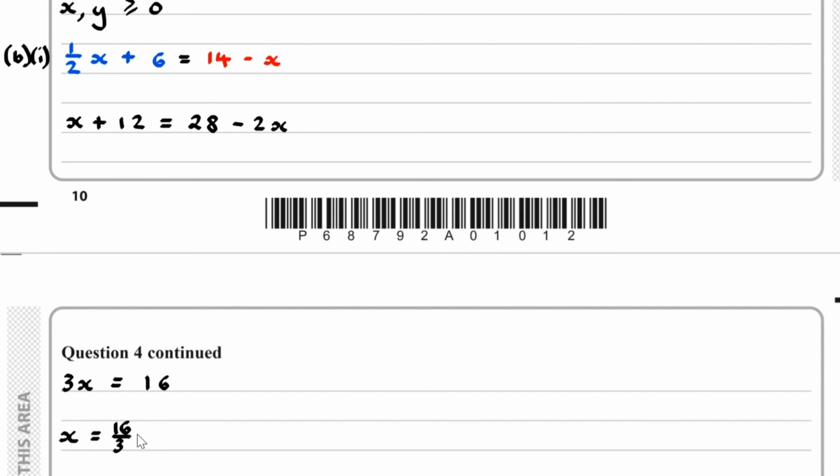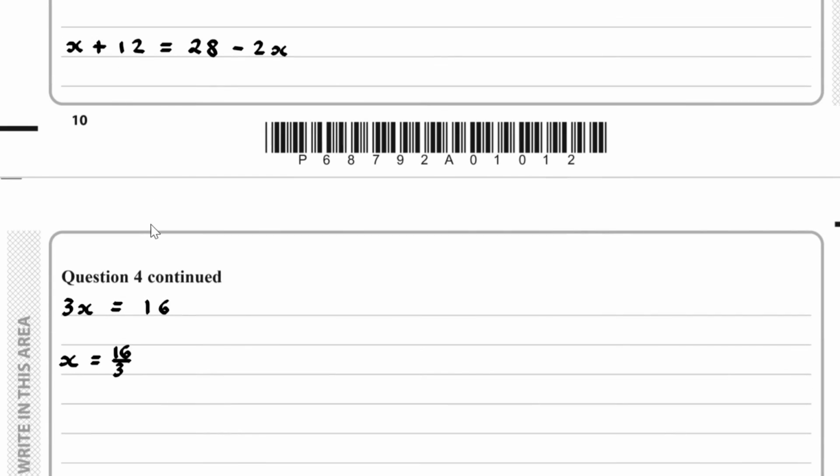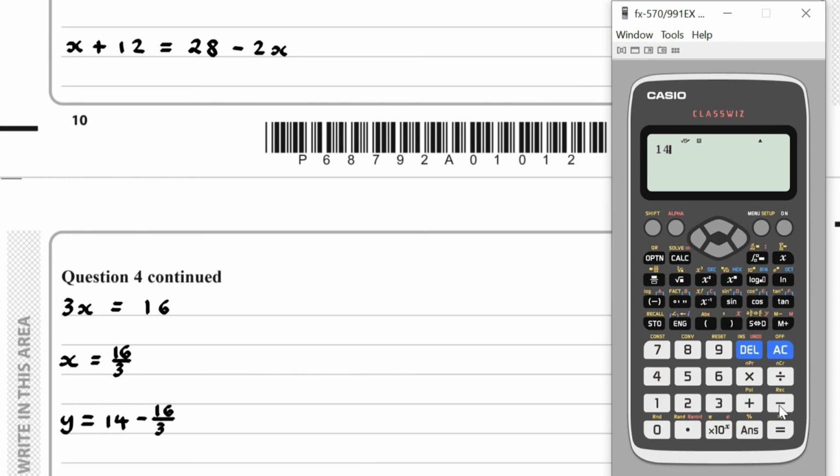And now I can find out what y is. So therefore, y is equal to 14 subtract 16 over 3. So if I work this out, I get 26 over 3.